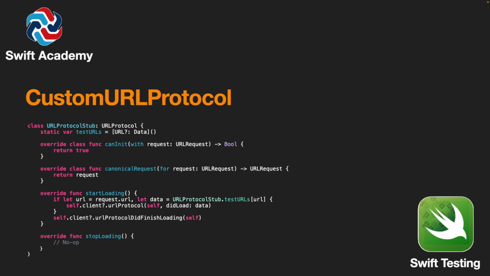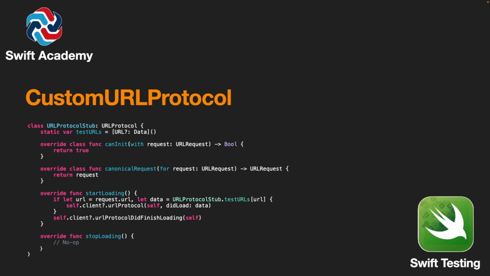The canonicalRequest, to understand what is meant by it, is a kind of normalized form of the request that can be used to compare requests or to create what we call cache keys. The request parameter is the URLRequest that needs to be canonicalized, if I can say.